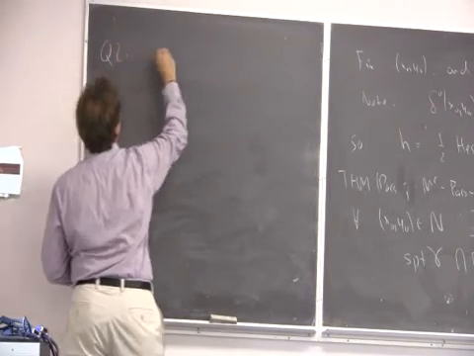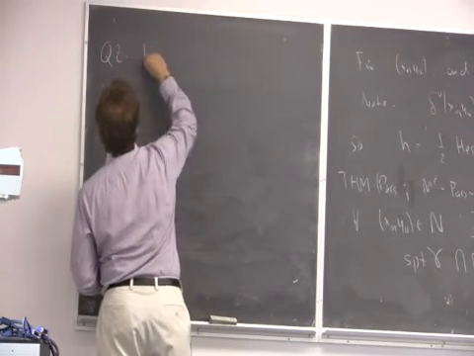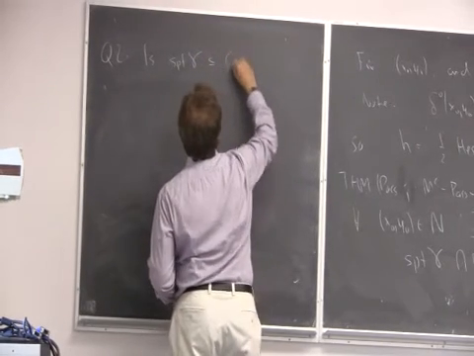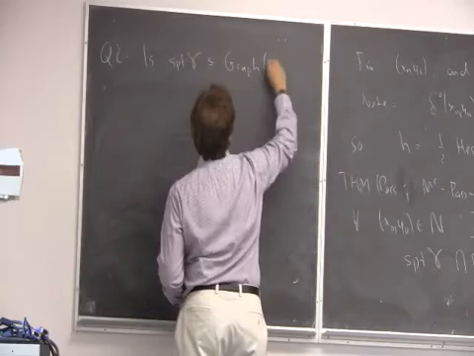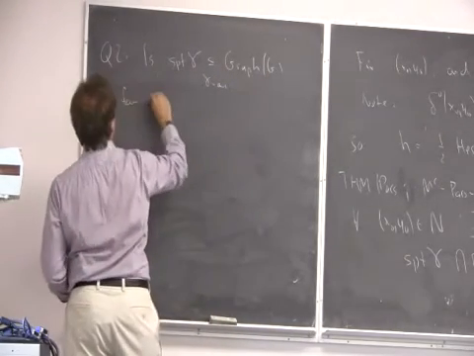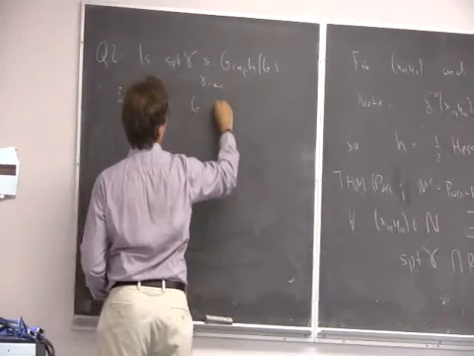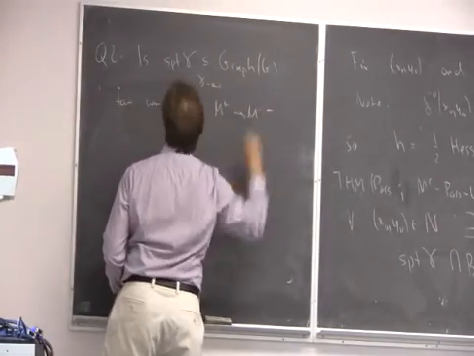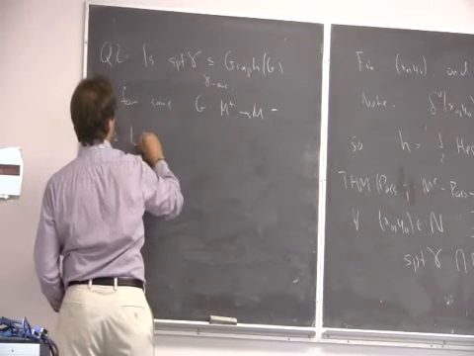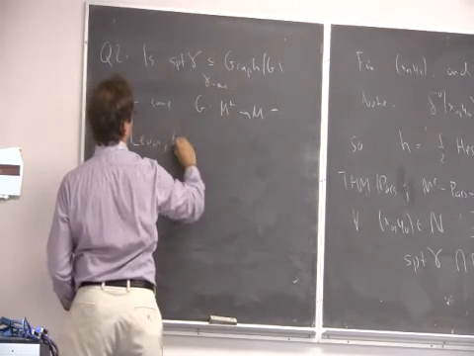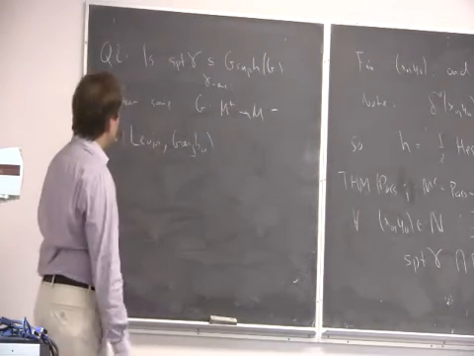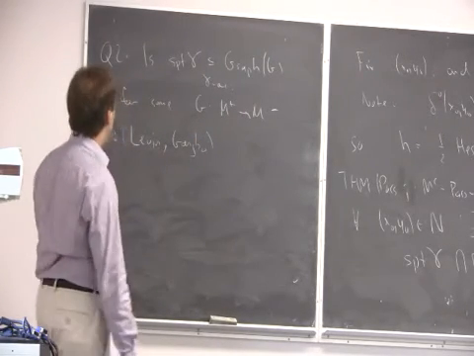So the next question is, is the support of gamma contained in the graph of some G, gamma almost everywhere? And there's an answer due to Gangbo and McCann, separately, building on work with many other people, which can be phrased in the following form.